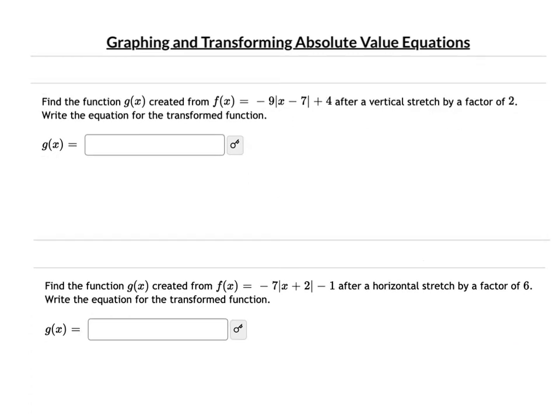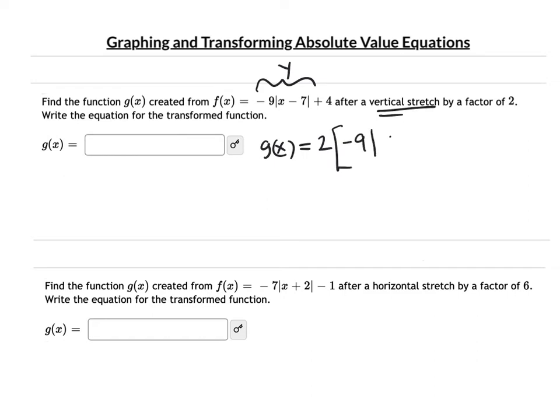Find the function created from f of x equals negative 9 times the absolute value of x minus 7 plus 4 after vertical stretch. It's vertical, which means y is going to be affected. This is y right there. So my new function is going to be g of x equals, now every y is going to be affected. I need parentheses or brackets. I'm going to take 2 times every y.